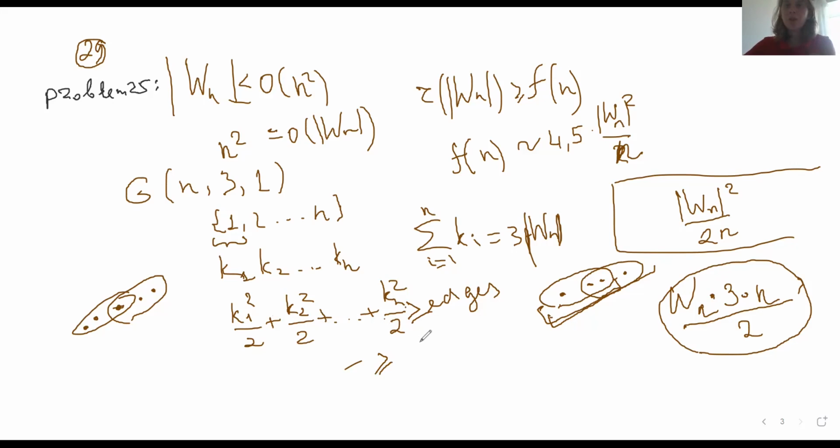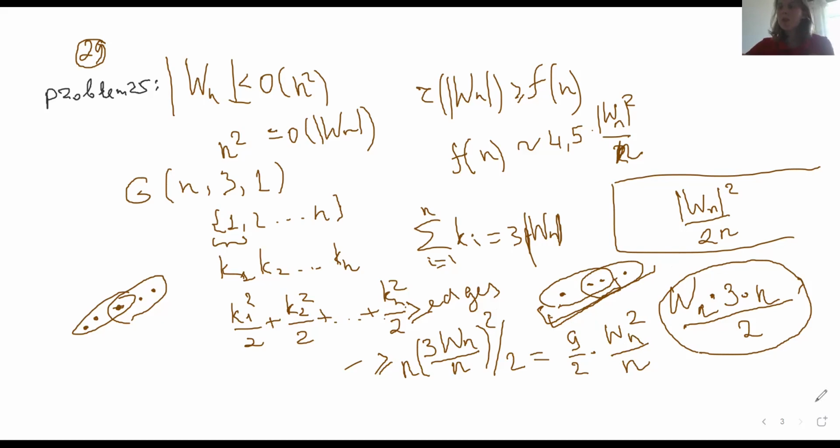If they're all equal, they each equal 3 Wn divided by n, and then the sum is this squared divided by 2 and multiplied by n, which is 9 divided by 2. This is exactly the 4.5 we had in the estimations, multiplied by Wn squared divided by n. All we need to think about now is why the number of edges we've counted and didn't need to count does not matter.